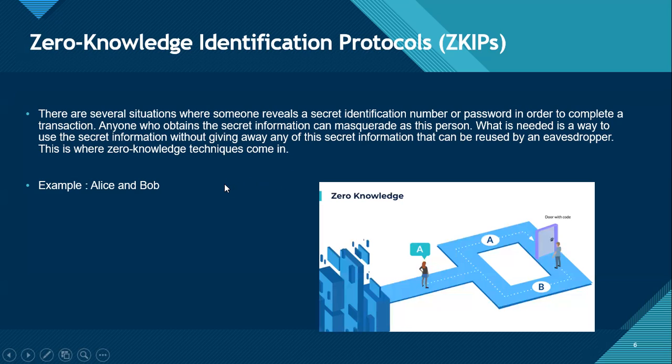Now, if we take the example of the Alice and Bob game, suppose Alice wants to prove to Bob that she knows the secret words that will open the door in the cave, but she does not wish to reveal the secret to Bob.